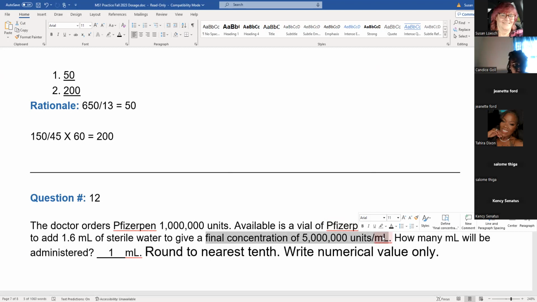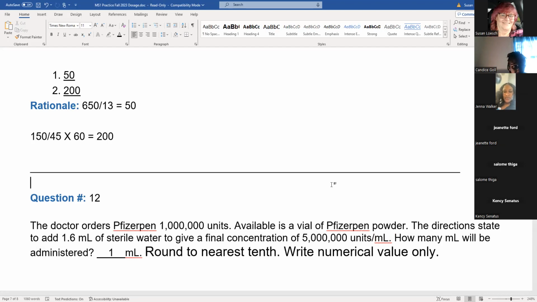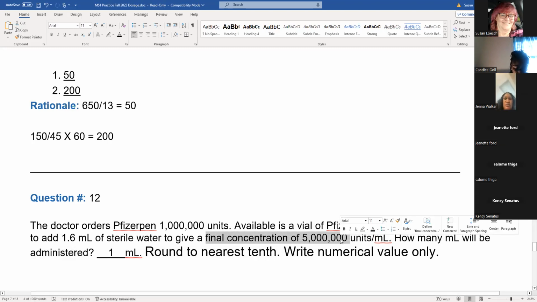What's your ordered dose for this question? Is it 1 million? Okay, and you have 5 million per mL on hand, because that's your final concentration. So really, you can just take 1 and divide by 5 here because the zeros cross themselves out, right?